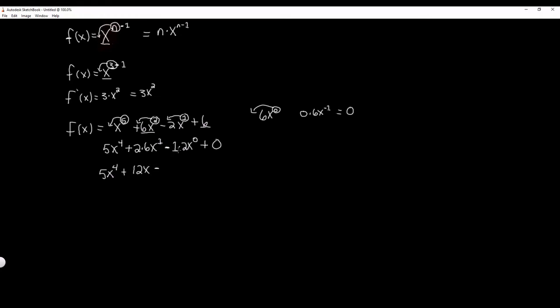Minus 1 times 2x to the 0th power. Well, x to the 0th power is just 1. So this is 1 times 2 times 1, which is just 2. Plus 0, we don't have to write that. So this right here is the derivative of this function up here.